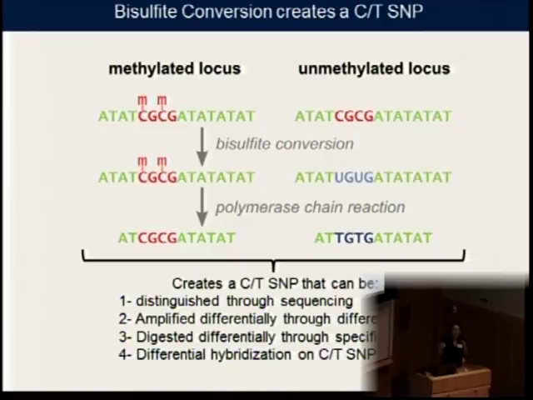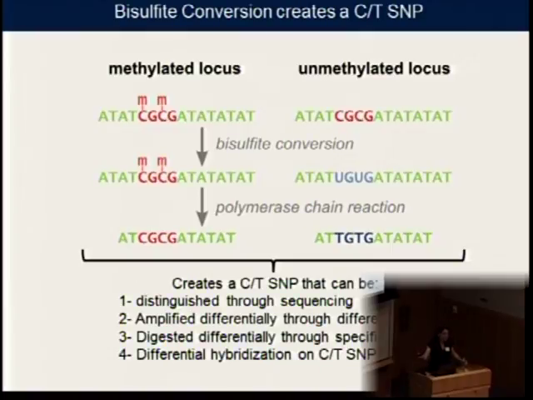However, in the unmethylated alleles, your CpGs deaminate to uracil. During the PCR reaction, this uracil is replaced with a thymine. So now what we created is a C to T SNP that can be detected in different ways.